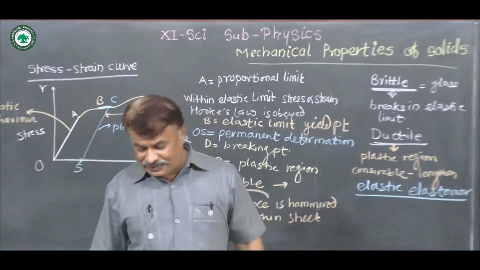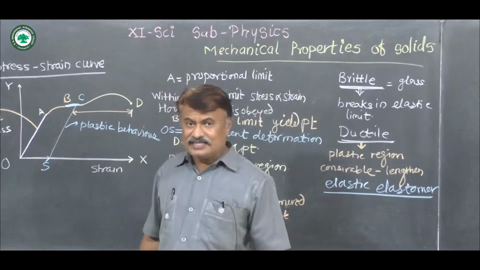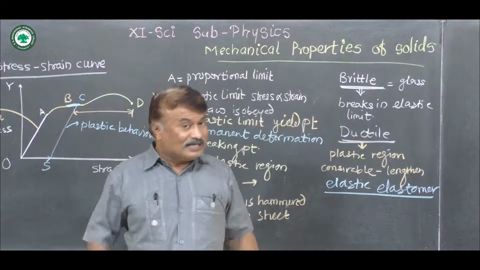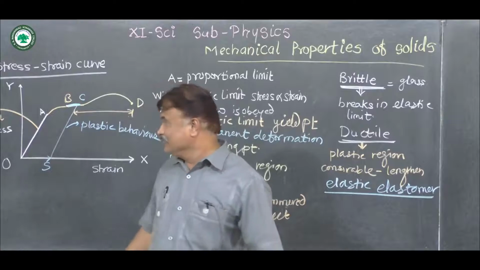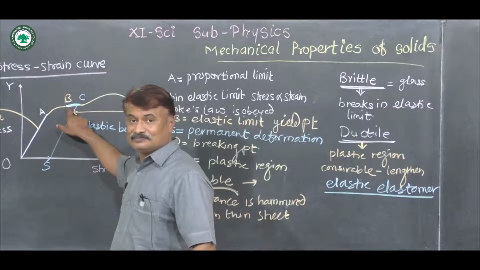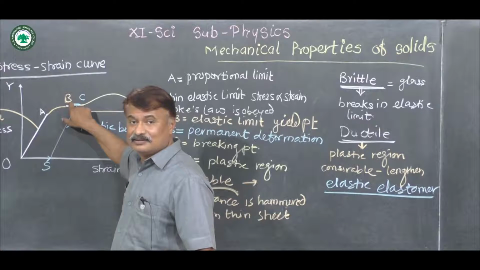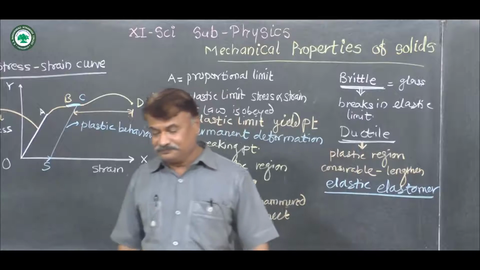So what is elastic elastomer? In such case, there is large elastic region and nature of graph is curve, not straight line. Such substances are called as elastic elastomer.